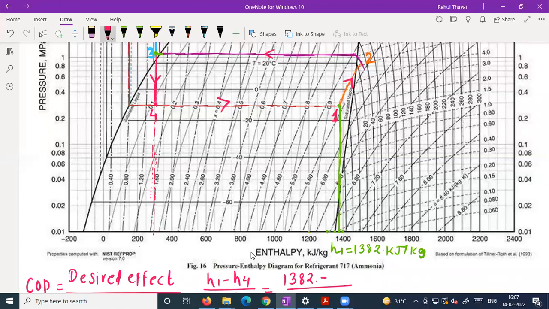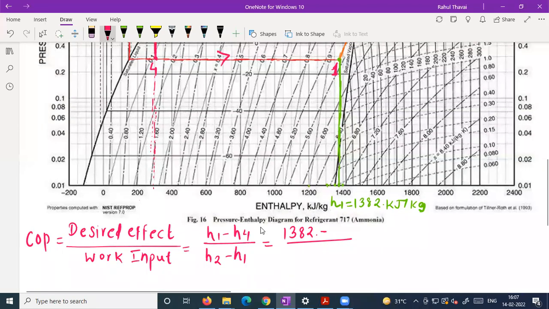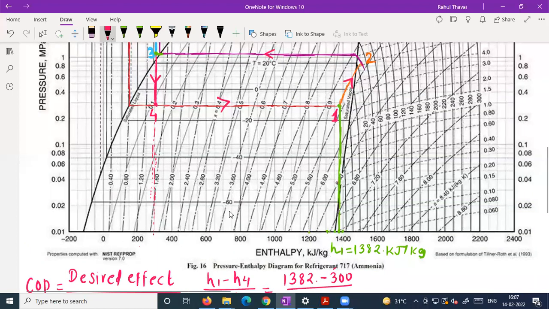What is that? 200. This is 400. So approximately 300 value you can take. So H4 is 300, divided by H2. H2 again, that value we need to take down.